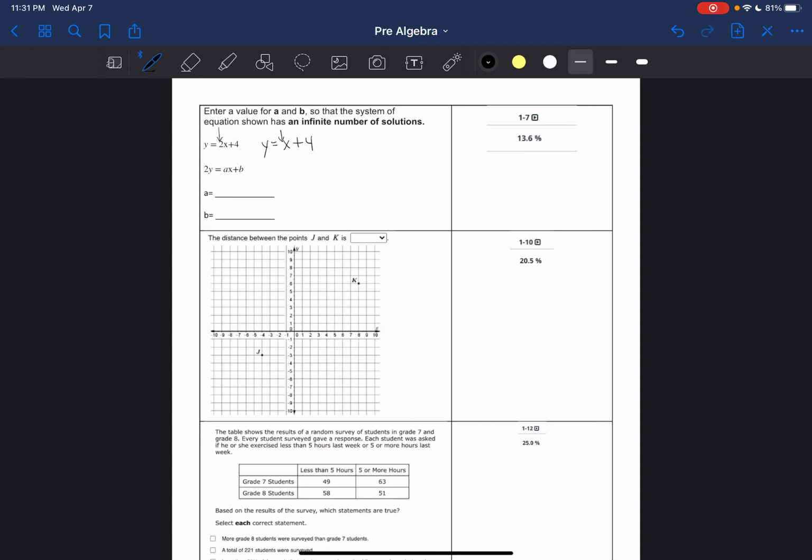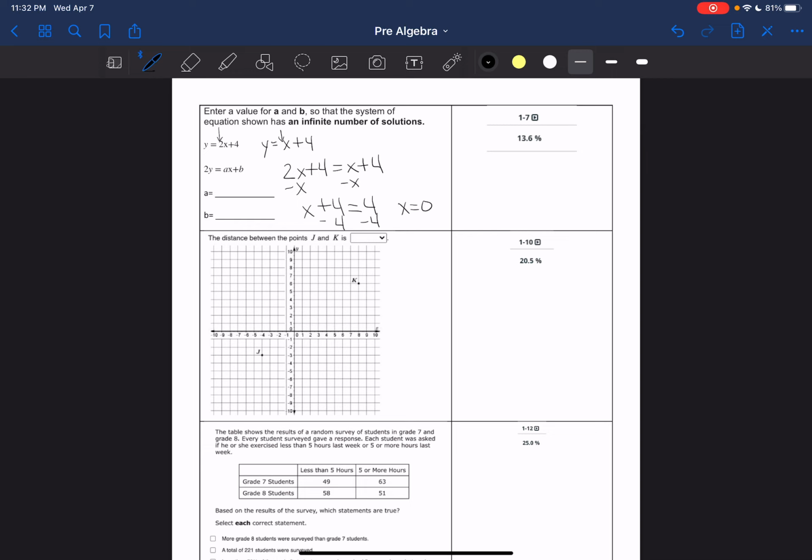If those coefficients are different, then when we set these two equations equal to each other, so let's say that I set 2x plus 4 equals x plus 4, and I try and get the x's on the same side, and I'm left with x plus 4 equals 4, and I subtract 4 from both sides, I'm left with x equals 0.